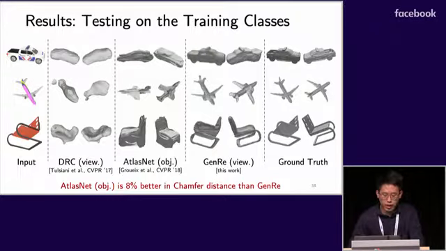We've also quantitatively evaluated how the three models compare using chamfer distance, which is the sum of closest point distances between the reconstruction and ground truth. As these objects are from the training classes, the object-centered AtlasNet exploits canonical poses, outperforming GenRe by 8%.